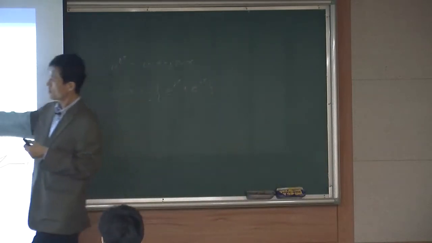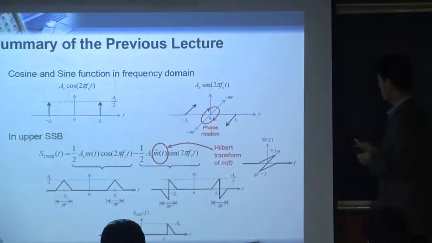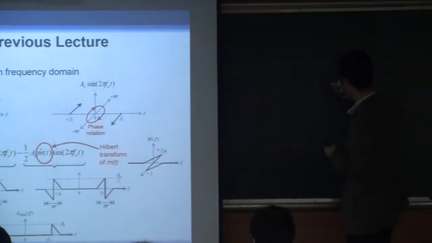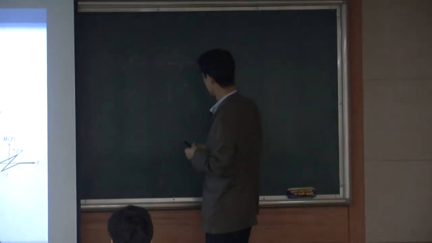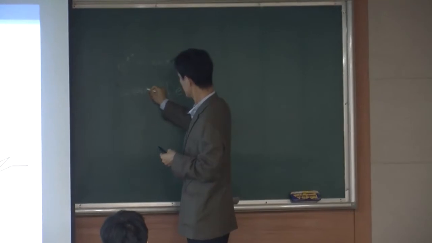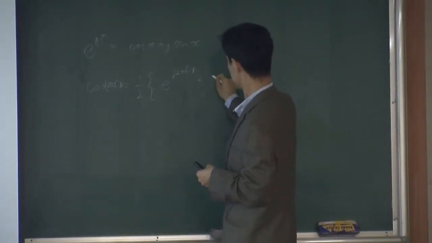And what we are talking about here is 2 pi fc t, not x. So you can put that 2 pi fc t here, plus and minus.